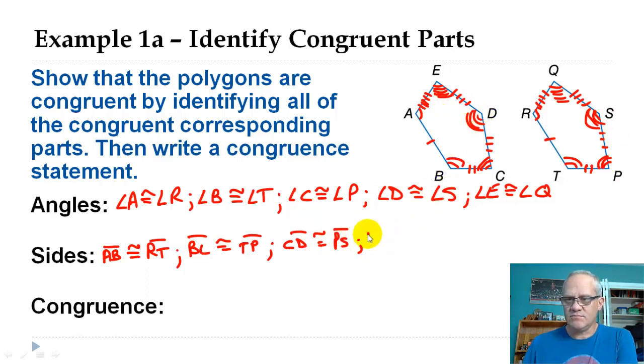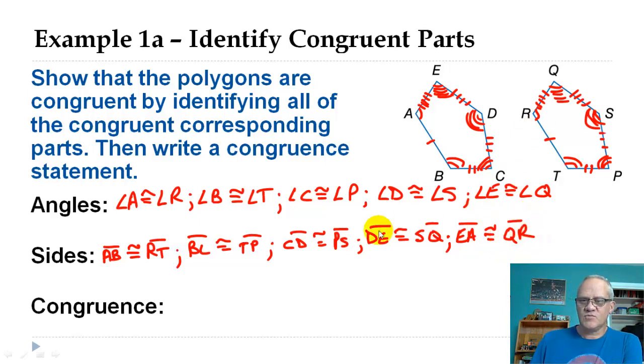And then DE is congruent to SQ. And finally, then EA is congruent to QR. Okay, so there's all the different sides that are congruent to each other.